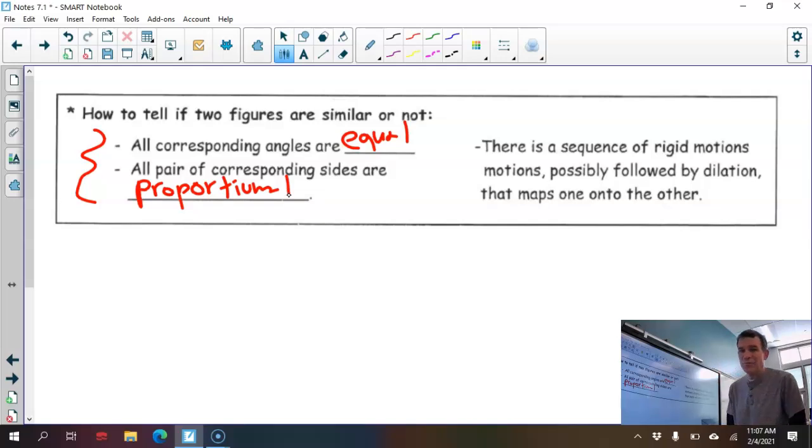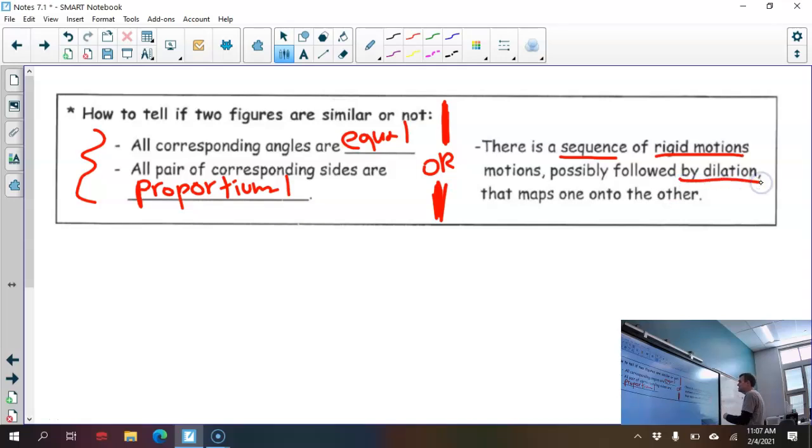We do, though, have the original definition: there is a sequence of rigid motions, possibly followed by a dilation, that maps one onto the other. That's true also, but more often than not, we use this first one.